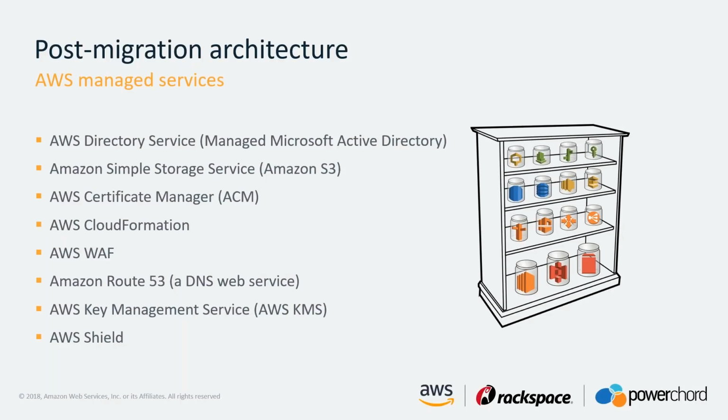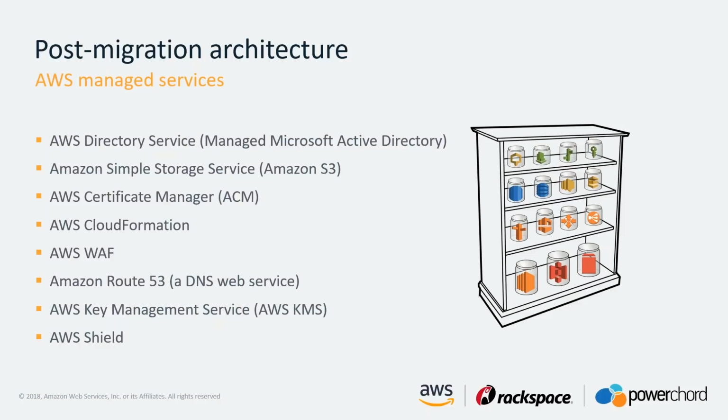The first was managed Microsoft Active Directory through AWS Directory Service. RDS requires this. It can be set up with a trust to an existing domain in your own infrastructure, but it really is part of that landing zone. We work with you to get that defined ahead of time.